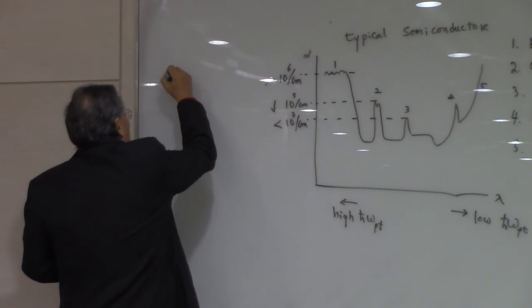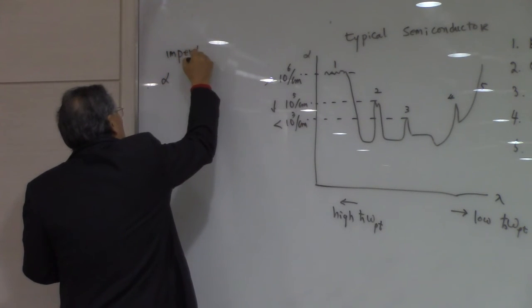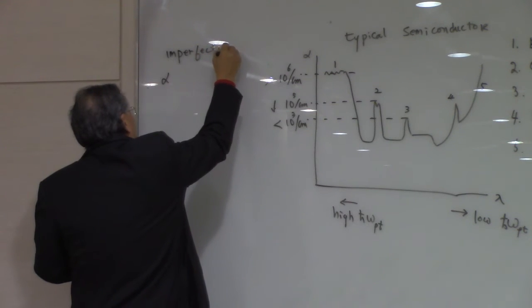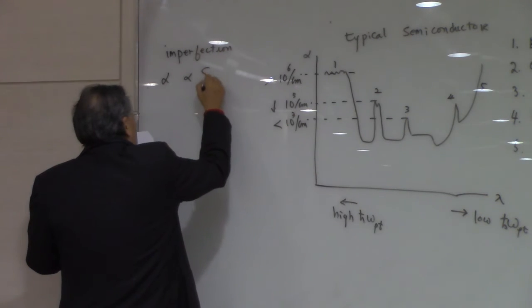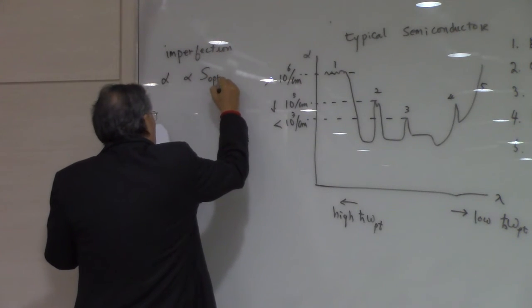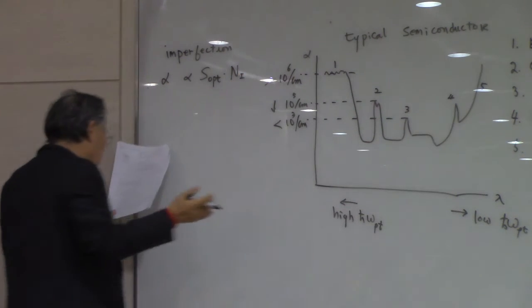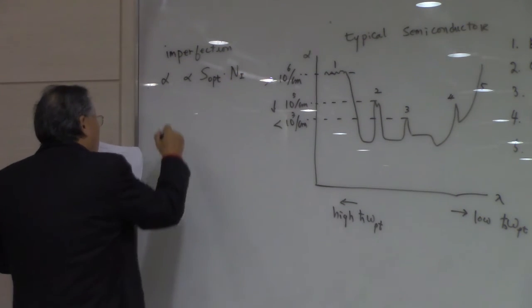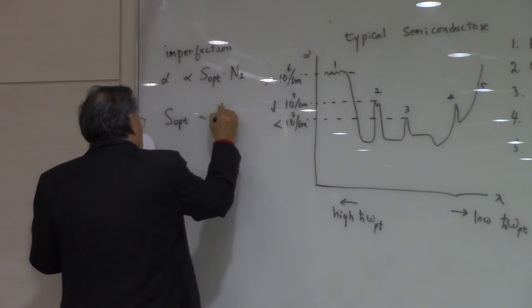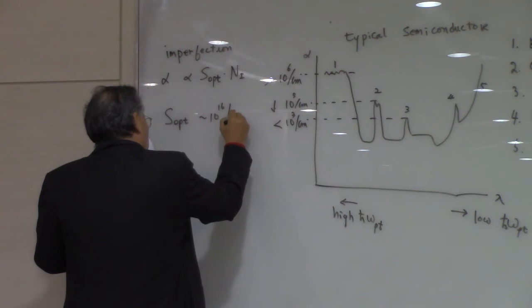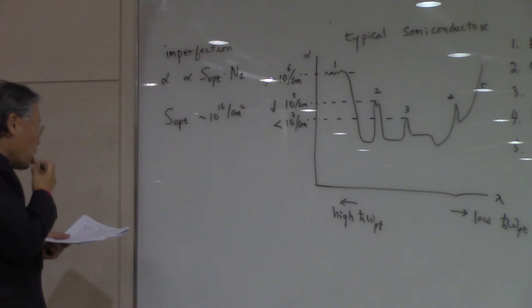And the alpha from imperfection absorption is proportional to the optical cross-section and the density of the imperfections. It's as simple as that. And the optical cross-section is typically 10^-16 per centimeter square, okay?